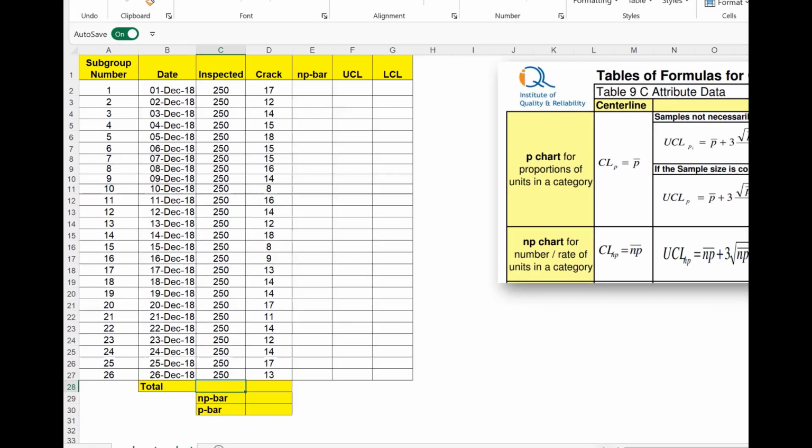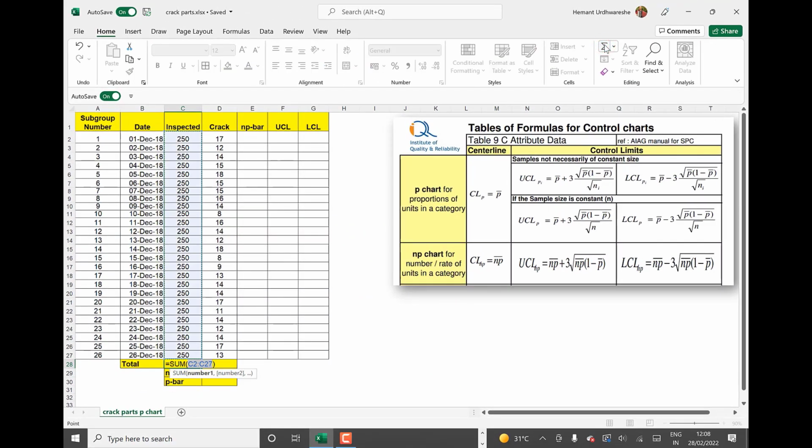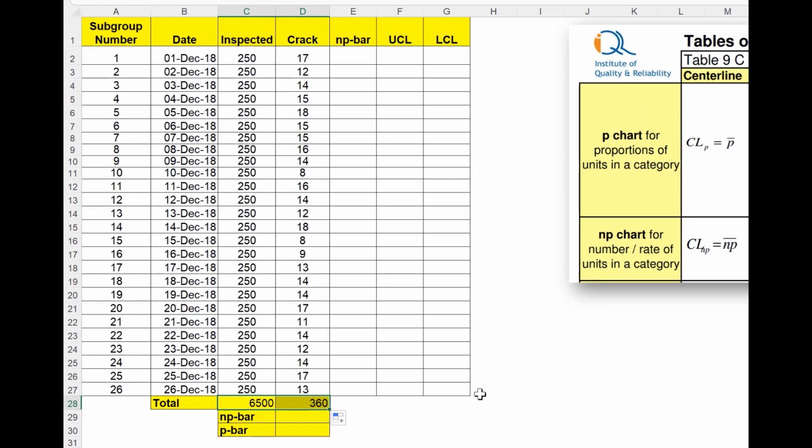Total inspected, using the summation function, is 6500, and the total number of gears cracked is 360. With that, NP bar becomes 360 divided by 26, as there are 26 days. So that is 13.84, and P bar is equal to 360 divided by 6500.